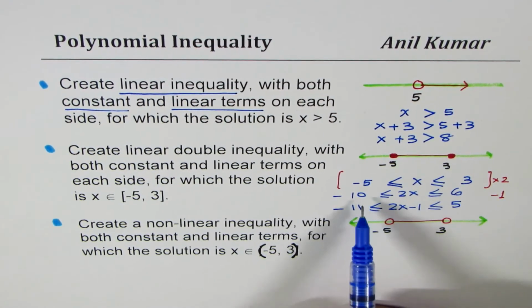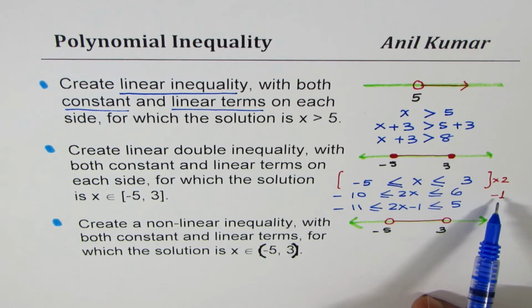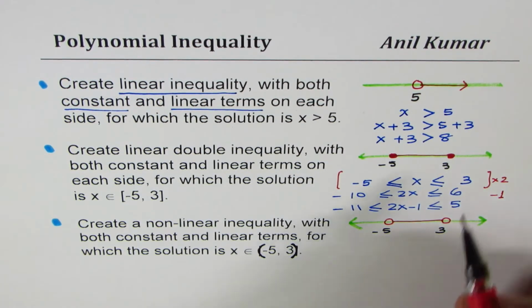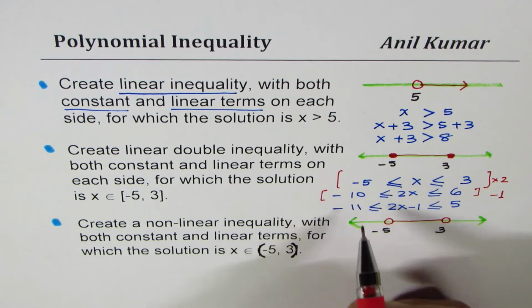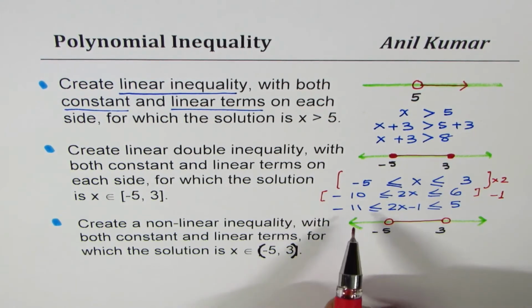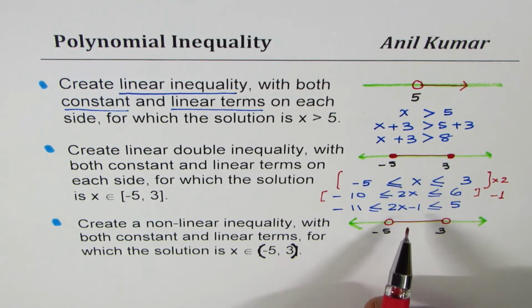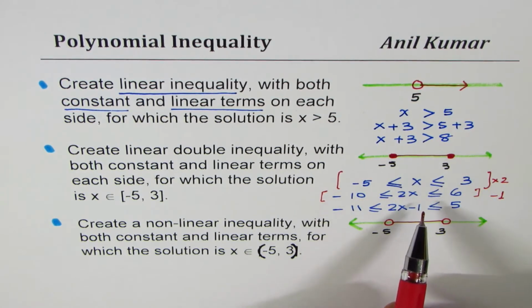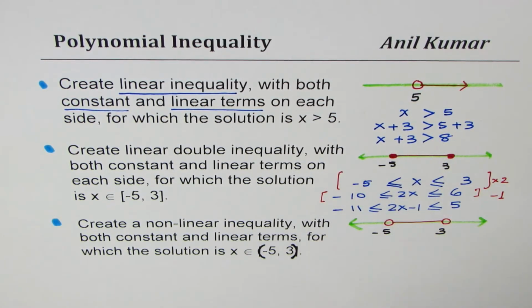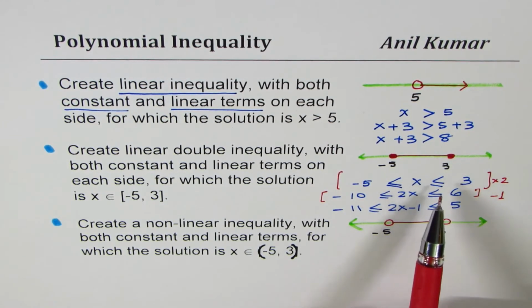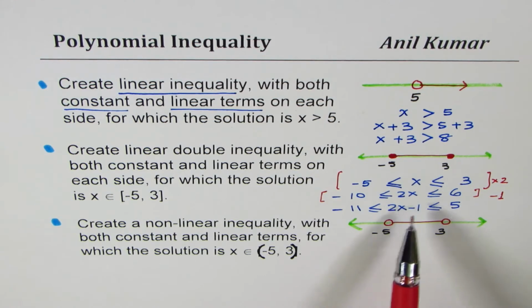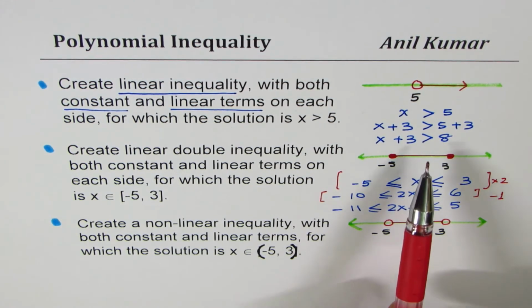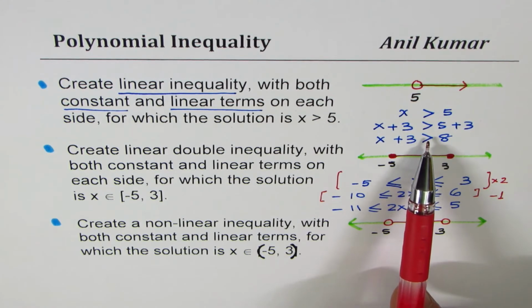So what I did was subtract 1 from each term in the double inequality to get an inequality which has a linear term 2x and a constant term minus 1. What you see here is that we can always add, subtract, multiply, or even divide, preferably with positive numbers, to get inequalities in such fashion. Remember, if you multiply with a negative, the sign will change.